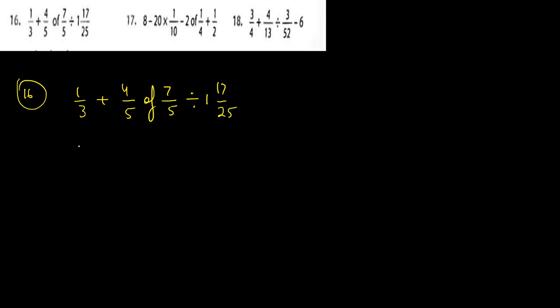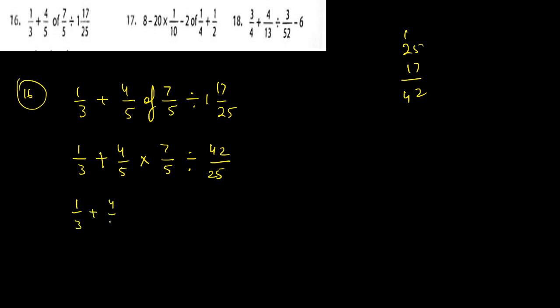So first of all, you will write 1 upon 3 as it is, plus 4 upon 5 of, which means multiply, 7 upon 5 divided by 25 ones are 25 and 25 plus 17 is 42. So write 42 upon 25. Now I will write 1 upon 3 plus 4 upon 5 multiply by 7 upon 5. Change this division sign into multiply and reciprocate the fraction. You have done this in the division of fractions, if you remember. So I will write 25 upon 42.